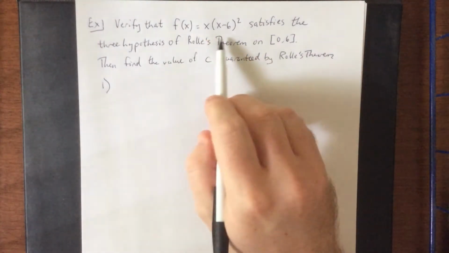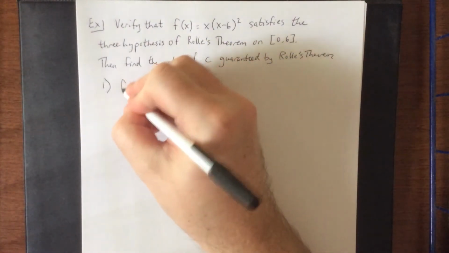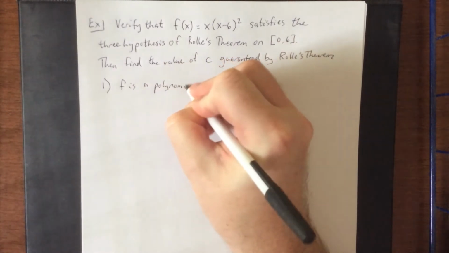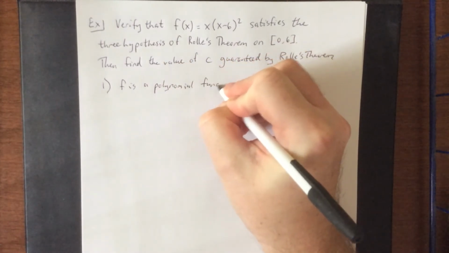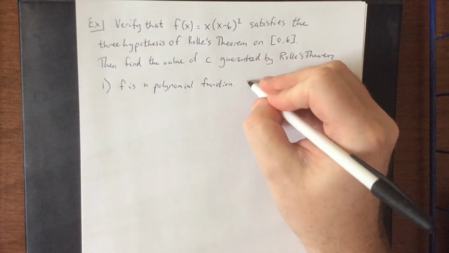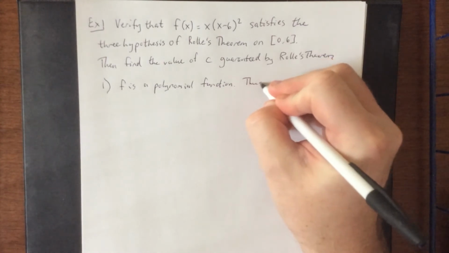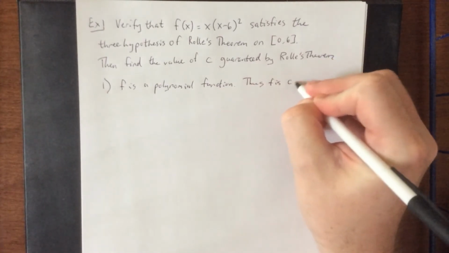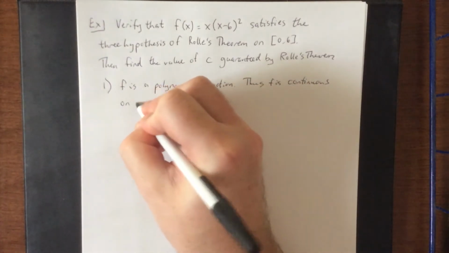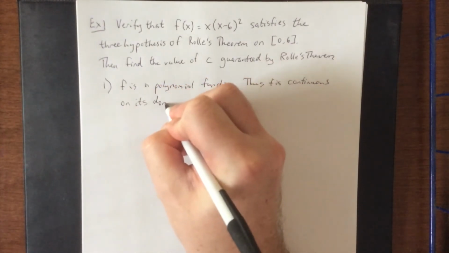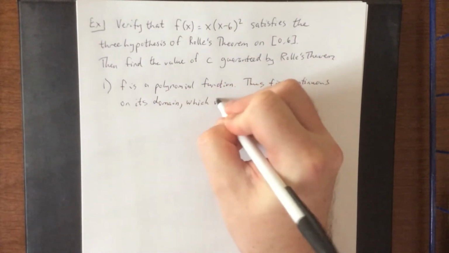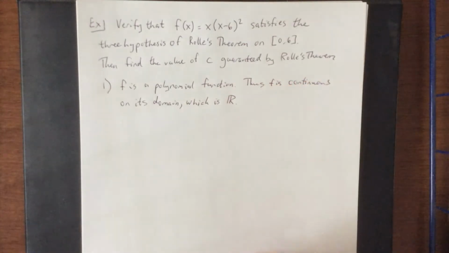So first, we're going to point out what kind of function f is. So f is a polynomial function, and by a theorem from the section on continuity, we can say thus, f is continuous on its domain, which is all real numbers.